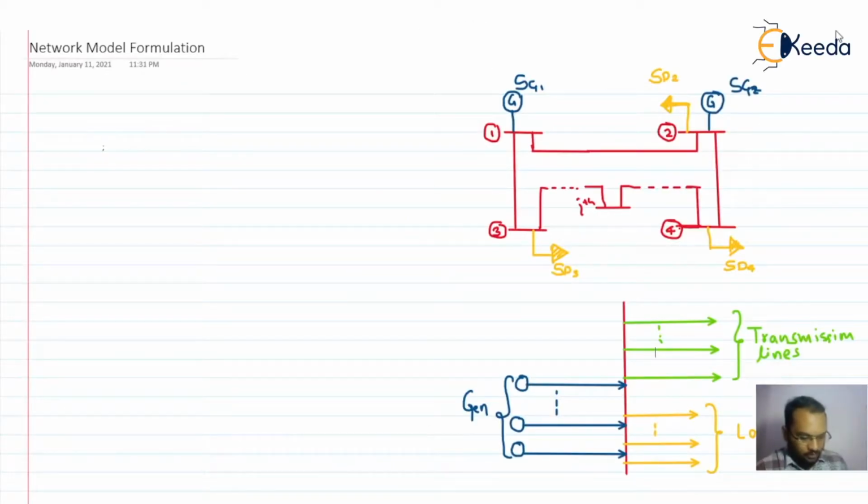So dear friends, in the last video, we have seen the introduction to the load flow studies related to the power system. There we have seen that in order to ensure the smooth operation and the smooth control of a given power system, we go for this study called load flow studies.